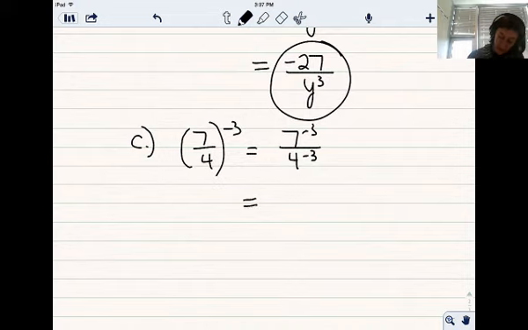I don't like those negative exponents. If it's in the denominator, it needs to go in the numerator. If it's in the numerator, it needs to go in the denominator, and that will make it positive. So 4 to the -3rd is going to be 4 to the 3rd. 7 to the -3rd will be 7 to the 3rd in the denominator. And then if we just evaluate those powers, 64 over 343.